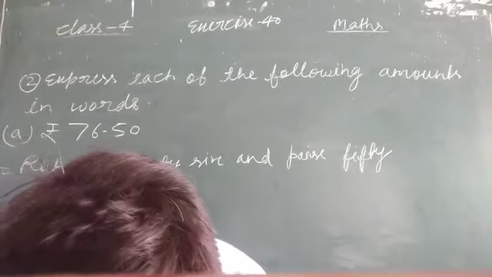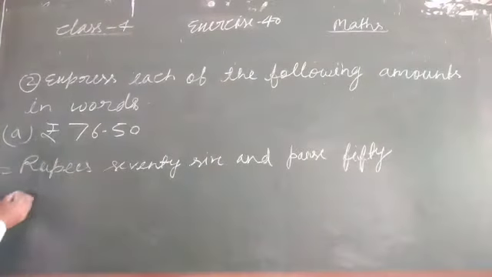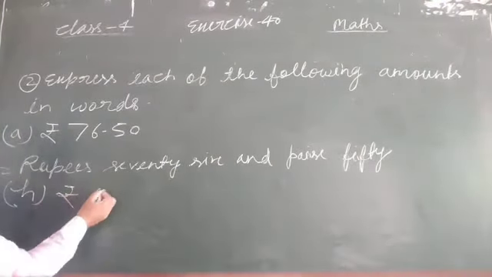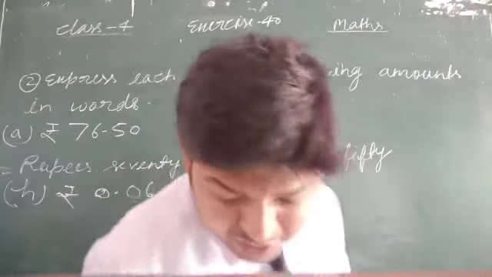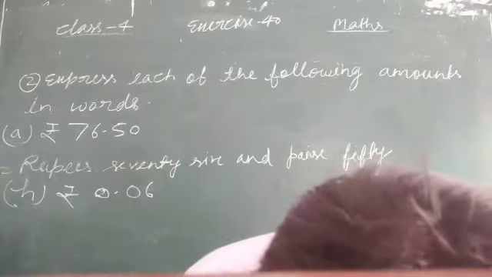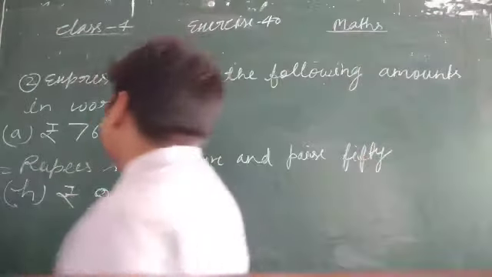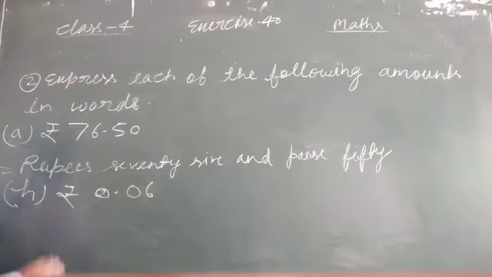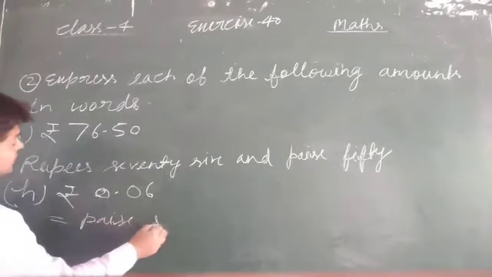Now I am going to tell you question number H. H is rupees 0.06. So how will I write? You can see here rupees is 0 and paise is 6. So simply you have to write only paise 6.